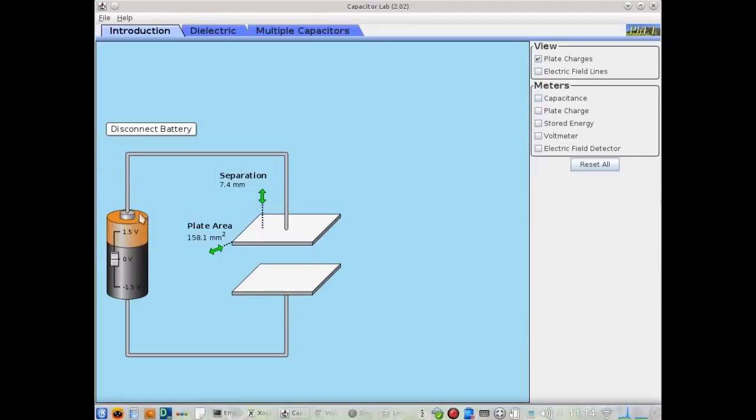So whatever the electric field is at the top of the battery, it's just going to persist all the way over here into the top of the capacitor, the top plate. So the electrons in here are going to feel an electric field, and they're going to want to move against it. So the electrons are going to start to move through this wire, down through the battery, out the bottom side, and then over here to the other plate. Now the key to a capacitor is that there's no way to jump the gap.